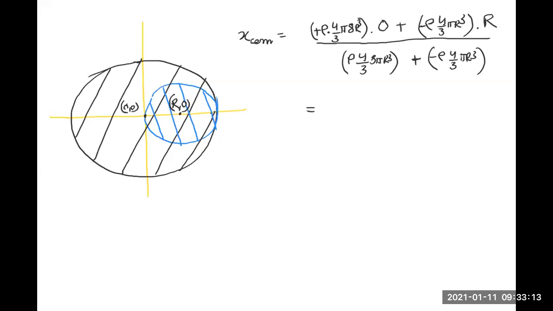So this is very simple now. Minus rho 4 by 3 pi r cube into r divided by 7 into 4 by 3 pi r cube into rho. So this and this will cancel out. The answer will be simply minus r by 7.